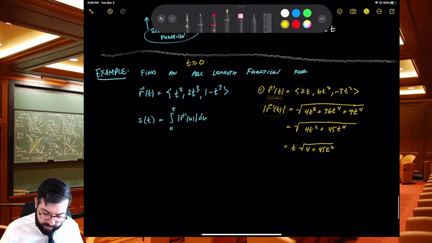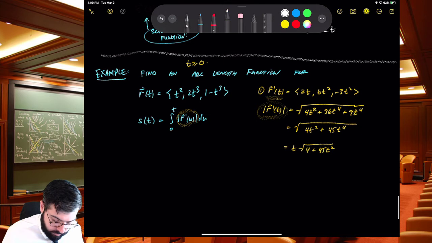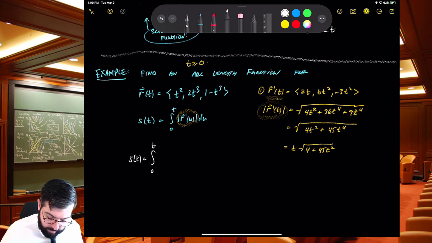All right, so we've got this piece, so that's going to go here. So then S of t is really the integral from 0 to t of this, in terms of u, our dummy variable, 4 plus 45 u squared du.